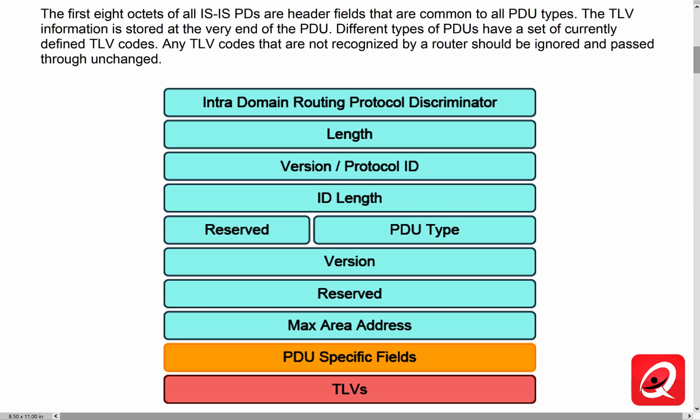We have the IIH, which is basically your hello packet that enables the neighbor detection, neighbor adjacency process to form. 2 types of IIH packets. We have what we call a LAN IIH packet, where we send separate packets for level 1 and level 2 adjacencies. And we have a point-to-point IIH packet, where we send a single packet for level 1, level 2, or level 1 and level 2 adjacencies.